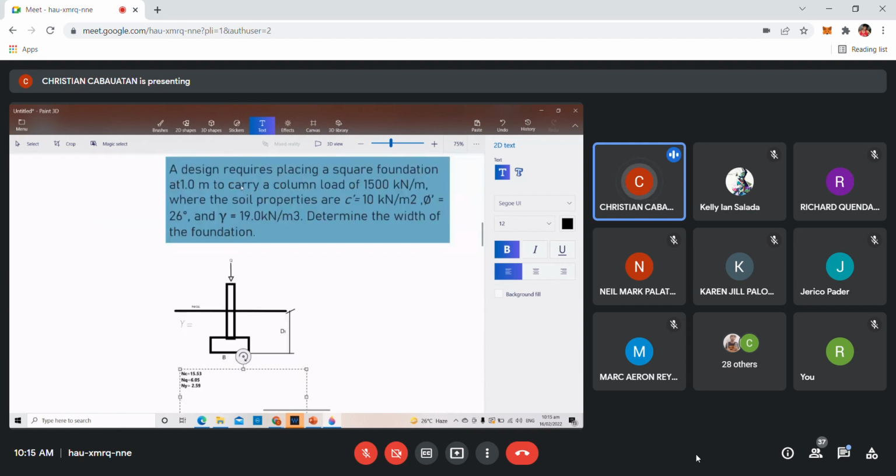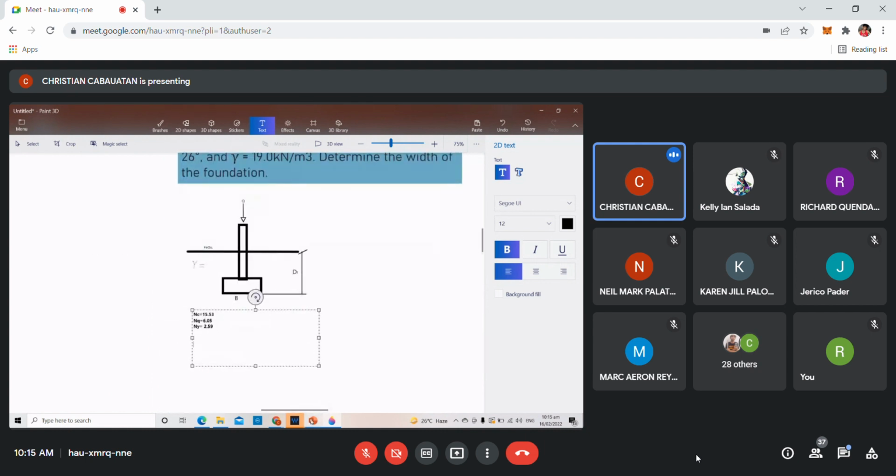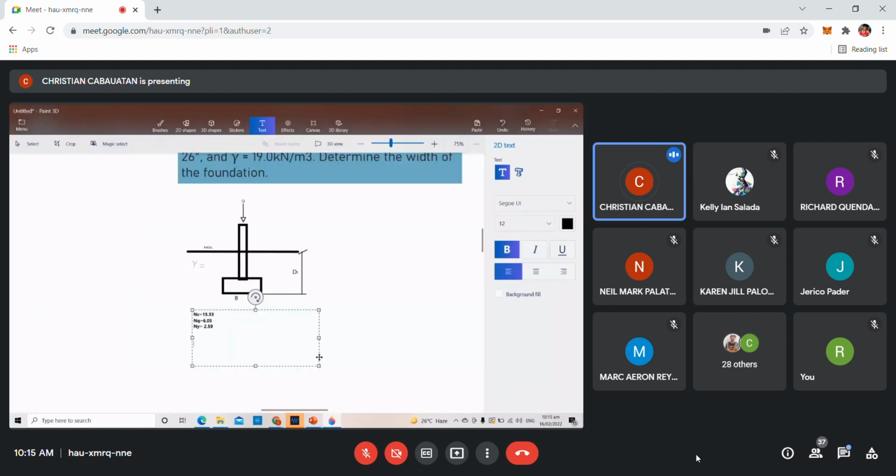Yung nakalagay dito? Square foundation siya. So, we will go back to the square foundation, which is 0.867 cNc plus qNq plus 0.4 gamma B N gamma. Okay?